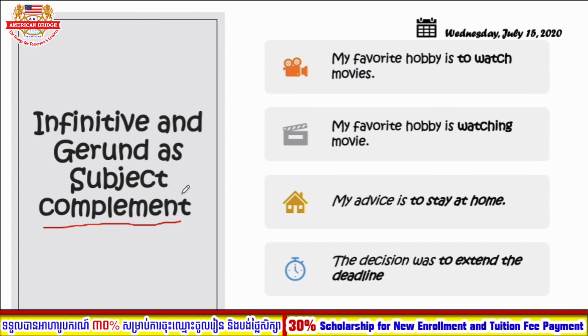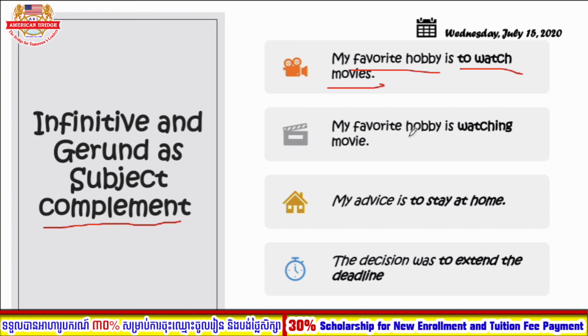Or you can look at the linking word. If you see the subject and the verb to be, it generally refers to the complements that follow the be verb. If you look at the example here, my favorite hobby is to watch movies. So to watch movies and favorite hobby are the same, but they just give meaning to each other, and they are linked together by the linking word, which is to be.